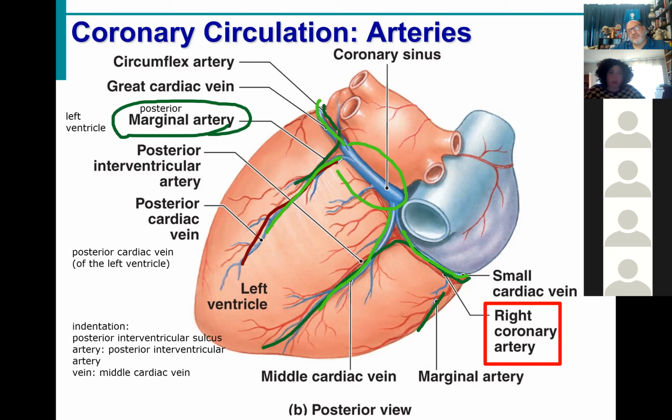loose, pouch-like blood vessel that collects all of the blood. And what do we call this big pouch-like blood vessel that collects all the blood from the heart? Coronary sinus. Exactly. And that's basically what sinus is. A sinus basically means a big, loose vein.